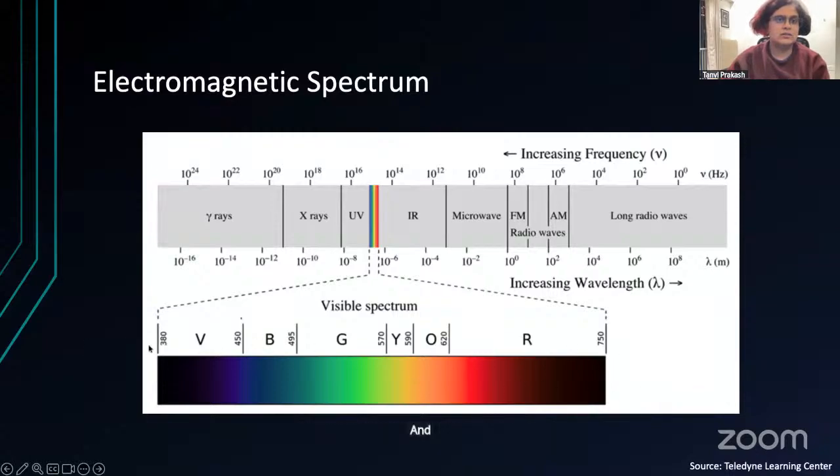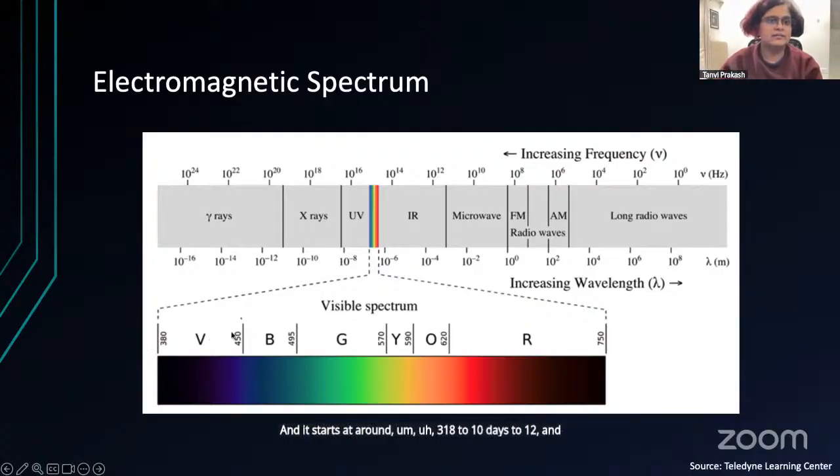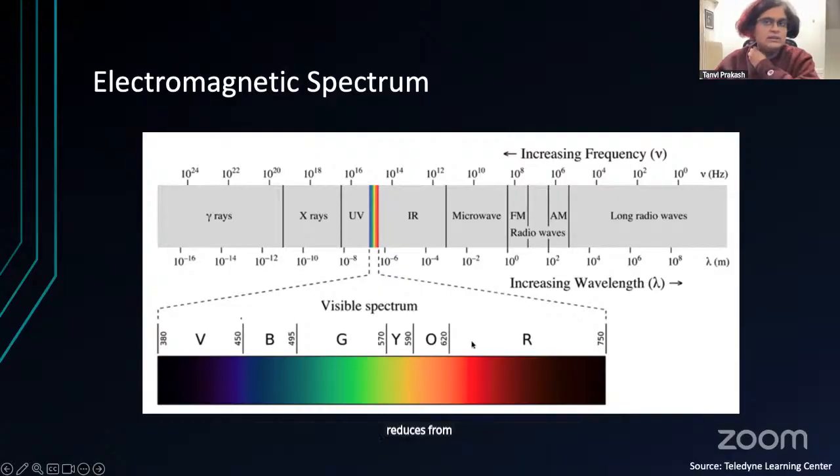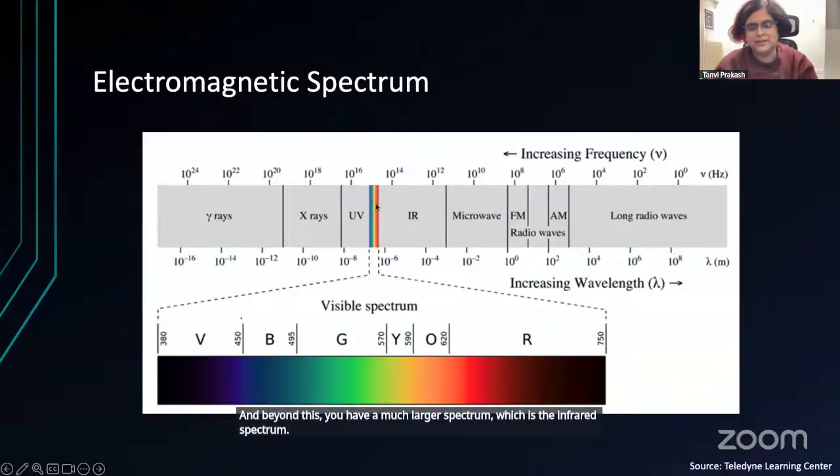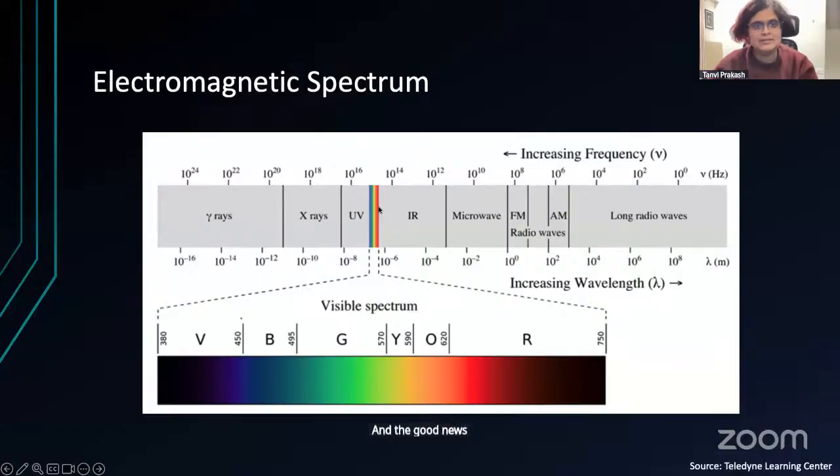And it starts at around 380 times 10 raised to 12, and then it reduces from there. So you can get a feel that the electro-optic spectrum is really small. And beyond this, you have a much larger spectrum, which is the infrared spectrum. And the good news is that cameras can sense the infrared spectrum.